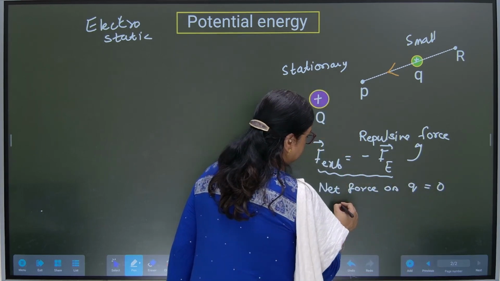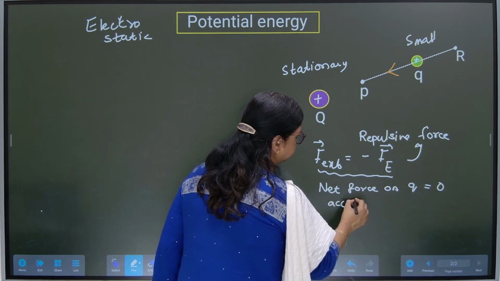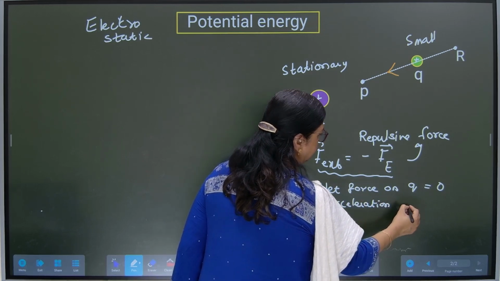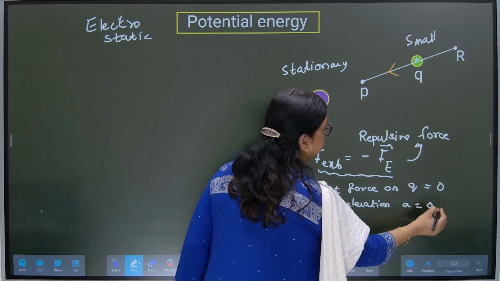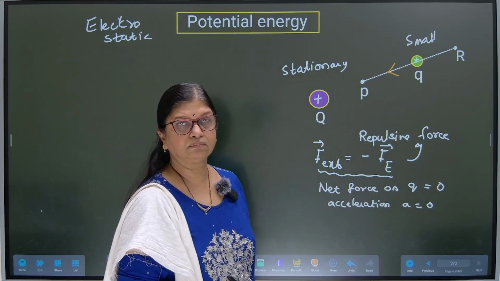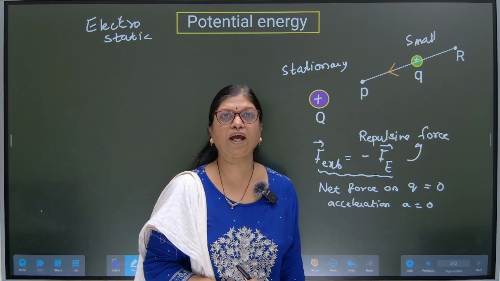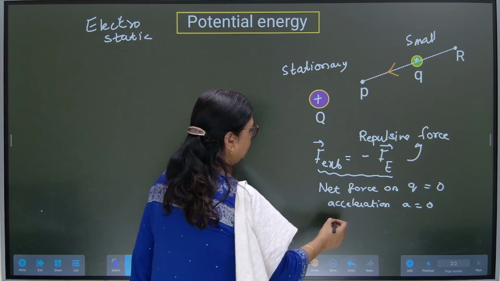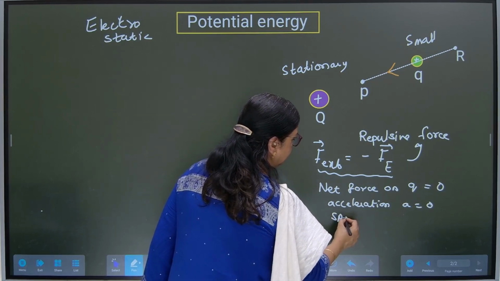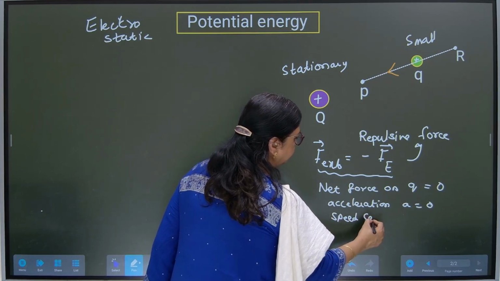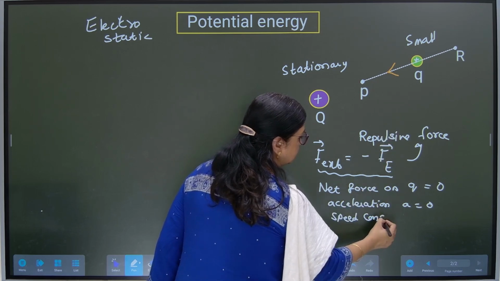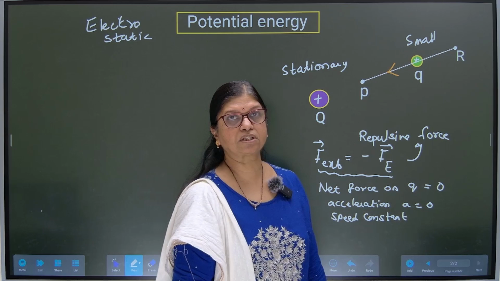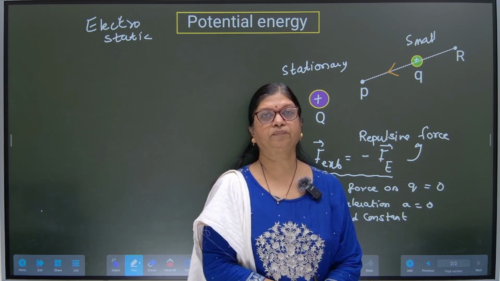What is the acceleration on this charge? Nearly 0. When can I have a 0 acceleration or nearly 0 acceleration? Only if the speed with which I am bringing this charge towards the source charge is constant.